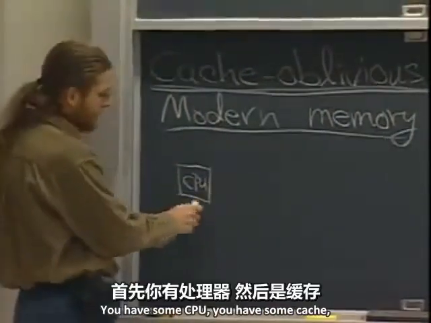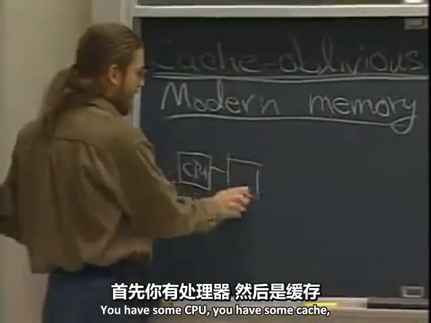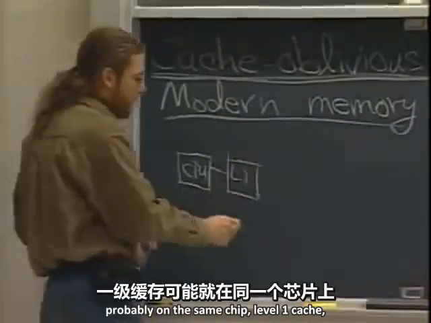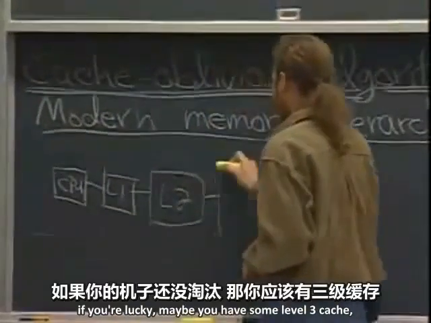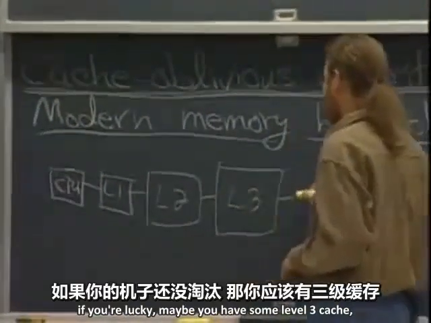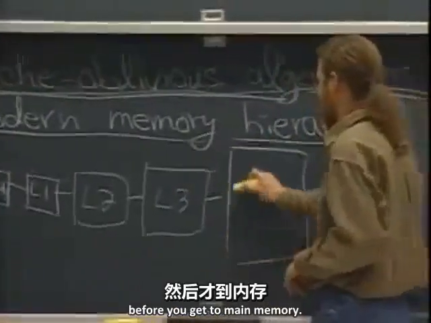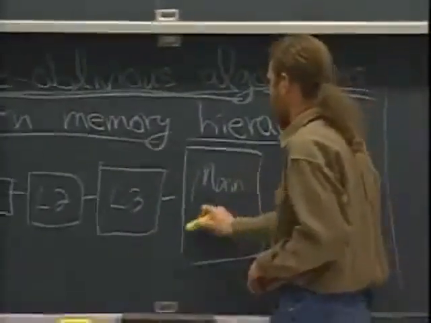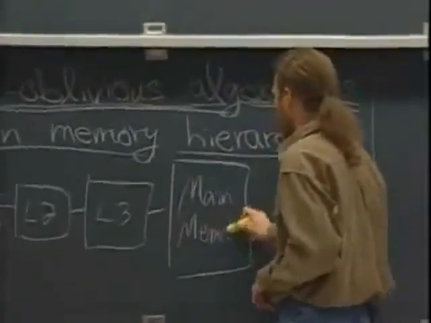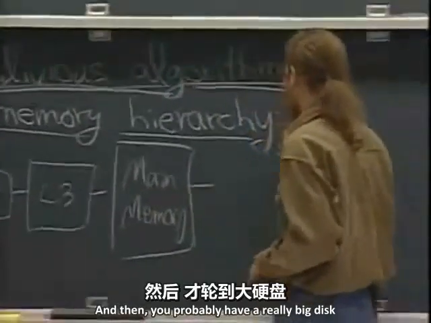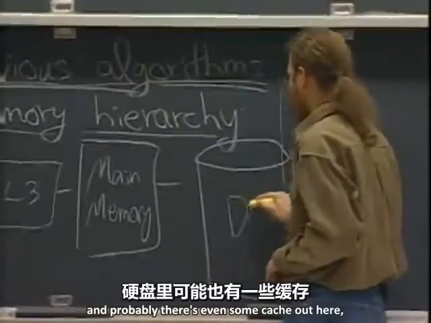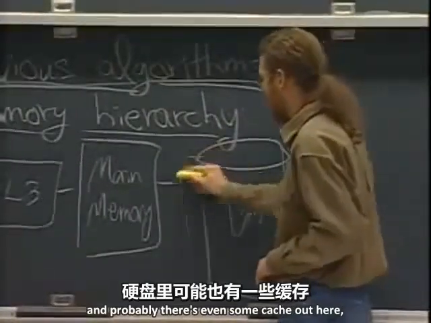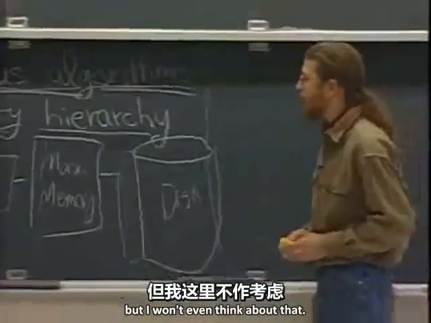You have some CPU, you have some cache, probably on the same chip, level 1 cache, you have some level 2 cache. If you're lucky, maybe you have some level 3 cache before you get to main memory. And then you probably have a really big disk. And probably there's even some cache out here, but I won't even think about that.